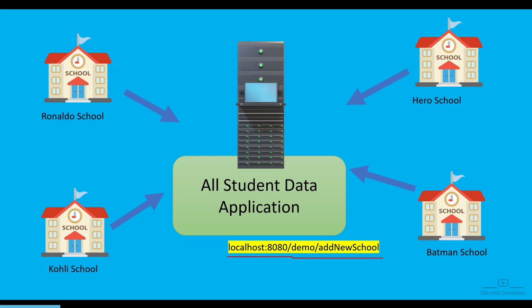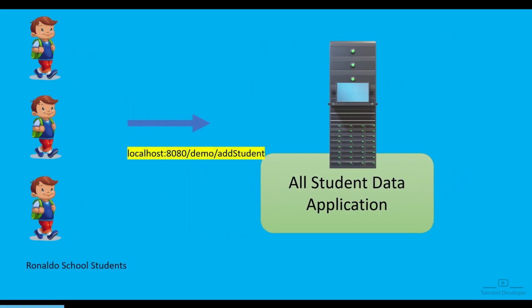Now imagine Ronaldo school is already signed up, and after that a Ronaldo school student will try to sign up into the all student data application. So what will happen? The student needs to call one API, and that API will be like localhost 8080 slash demo slash add student. Using this API, any student of Ronaldo school can easily sign up in the all student data application. After that, what will happen?